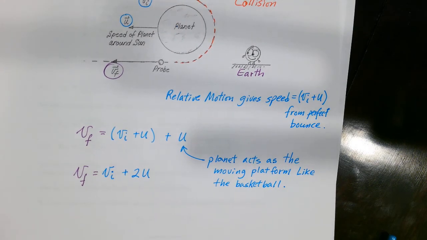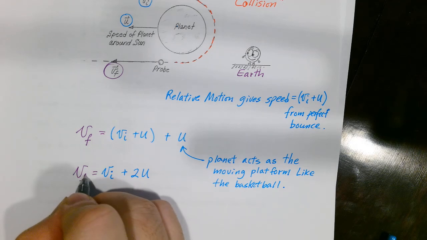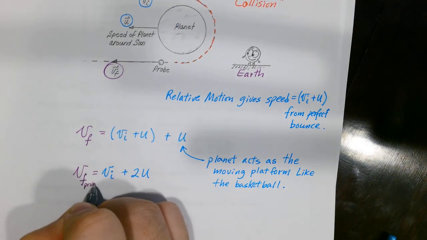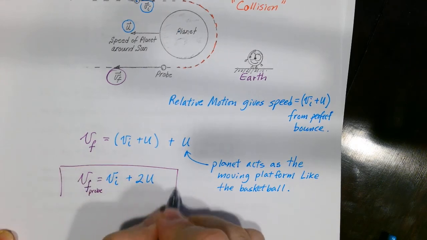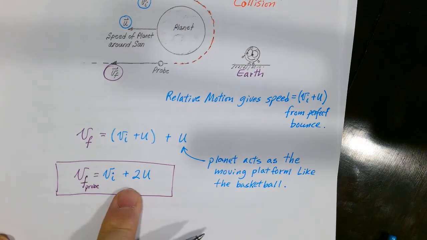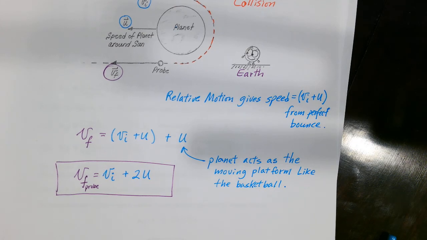So this final velocity of the probe is, you're going to get a huge boost of getting a gravity assist coming in and then slingshot it off. Okay? All right.